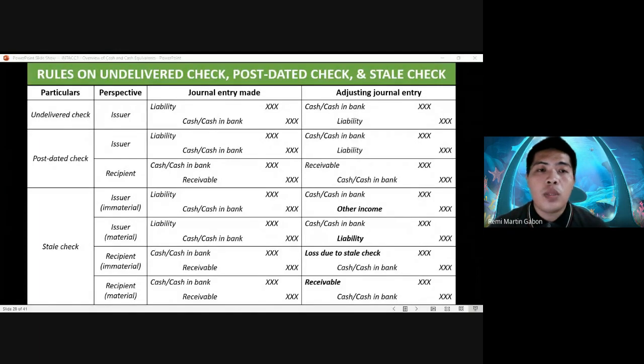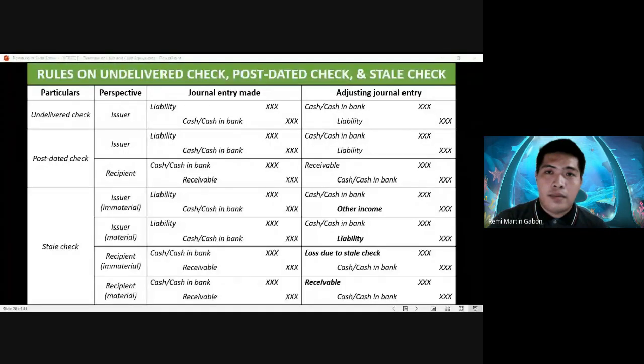Now, if our goal is for faithful representation, dapat lahat accounted for. Okay? And there should be required disclosures. Now, yung ating materiality dito, assumption, kung hindi provided sa problem, dapat material. Kasi nagdi-deal tayo sa cash eh. We always assume the worst.